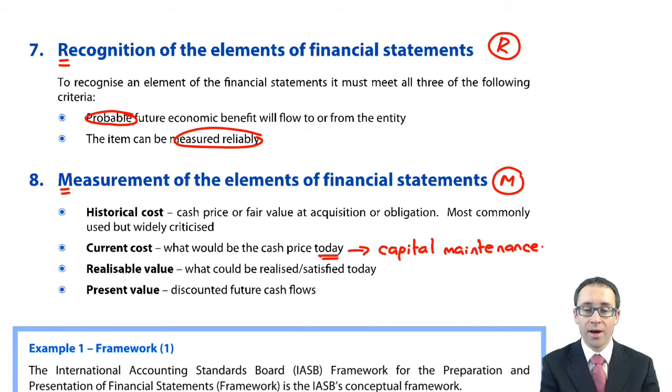And the other one you have there is your present value. So maybe you have the settlement of a liability, or you are due cash from a customer in several years' time. What you receive in several years' time may be materially different to what you expect to receive or pay today. So therefore discount it back to present value.